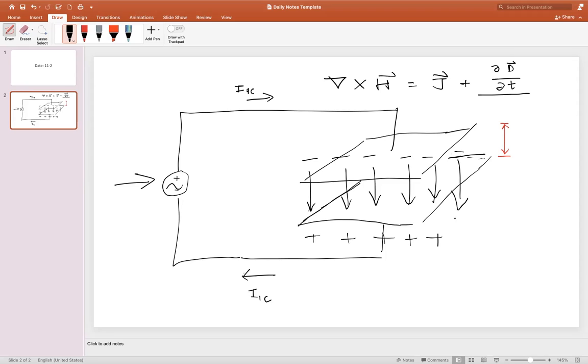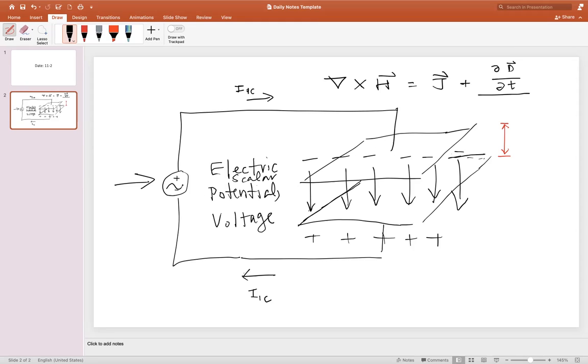So if you have minus charges on top and positive charges down here, this is a potential. Electric scalar potential, or what do we normally call electric scalar potential? Yeah, normally we call that voltage.